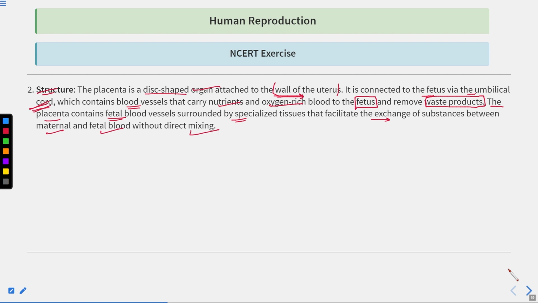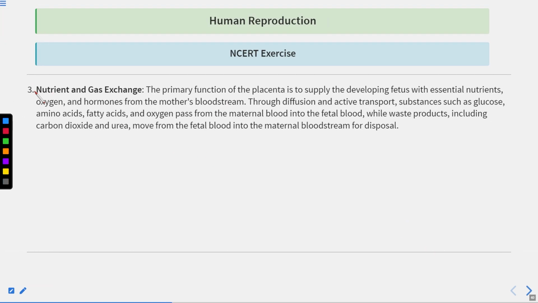Clear? So this is how the placenta is formed, and we have seen the development and the structure of the placenta. So it is a disc-shaped organ. Clear? Now, again, what is the function of the placenta?